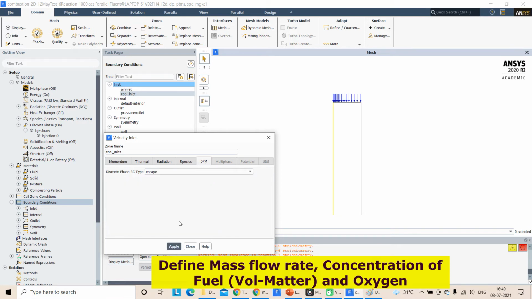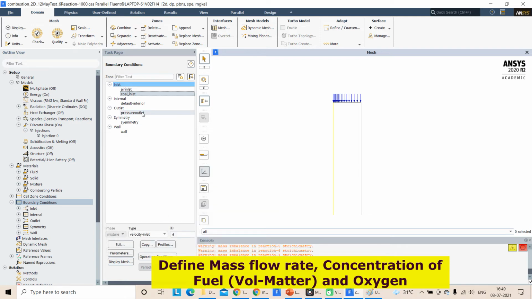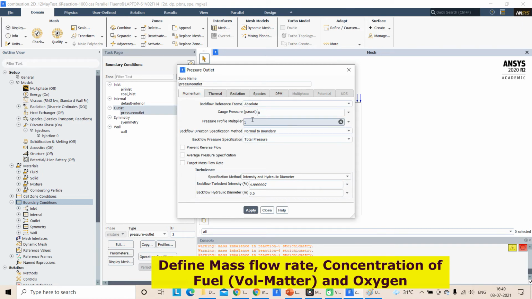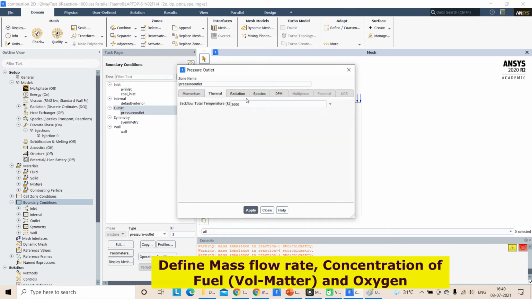And DPM you have to keep as escape. Inlet and outlet you have to keep escape. And pressure outlet is there. You can use atmospheric pressure. Thermal temperature we can give any temperature, but whatever temperature is not going to affect the flow, because this temperature is just nominal. It is not a fixed temperature.